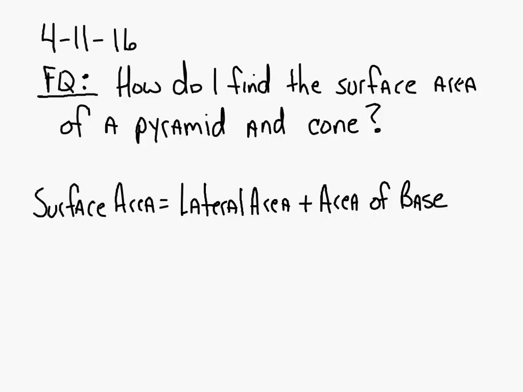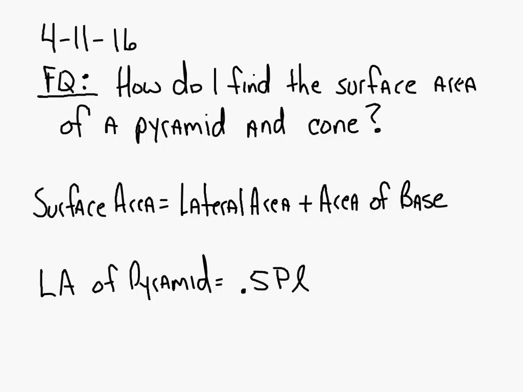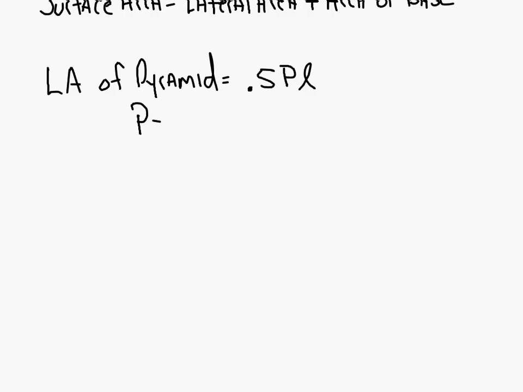So let's talk about the lateral area of a pyramid first. Lateral area of a pyramid is equal to 0.5 times perimeter times L, 0.5 times P times L. Big letter P represents the perimeter of the base.